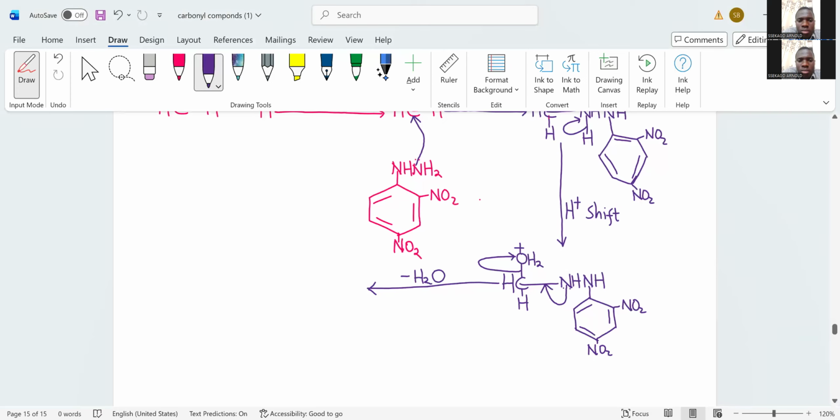as we form C, H. This is now a double bond with N that has a plus. That N carries another N and H. Like that.